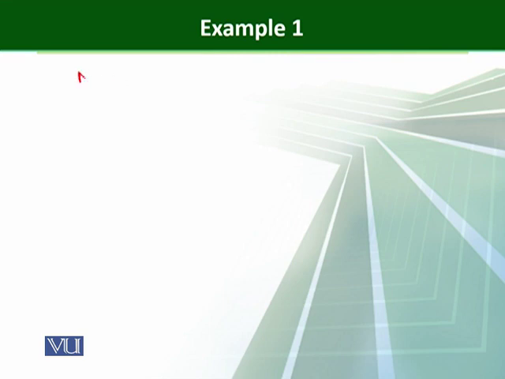Now we need to find the distribution of n times x bar minus theta naught squared. So how do we find the distribution of this one?